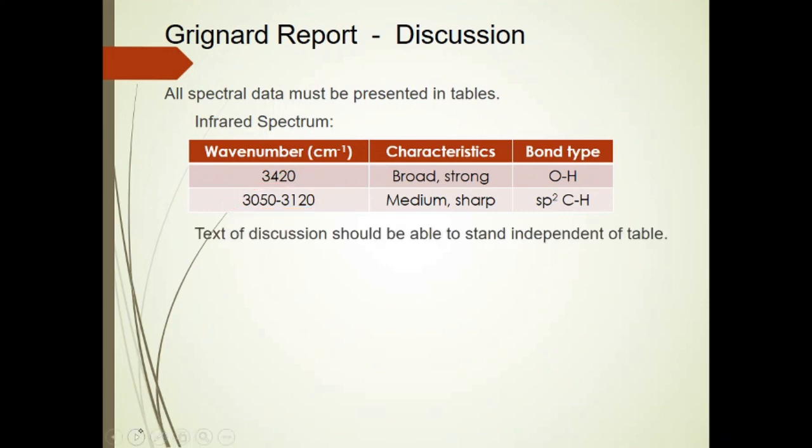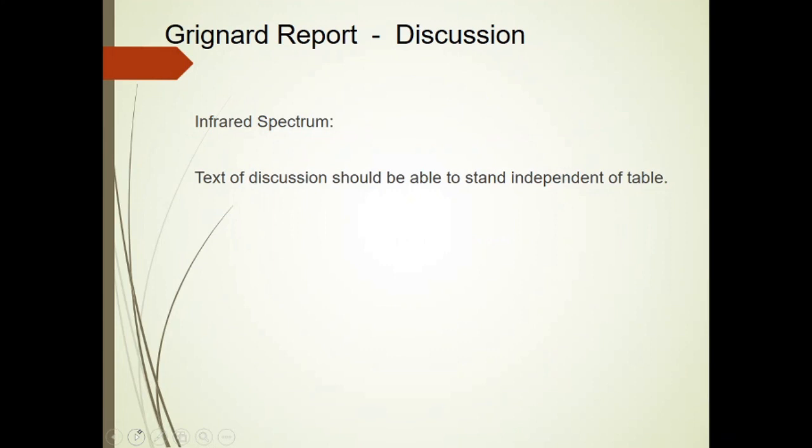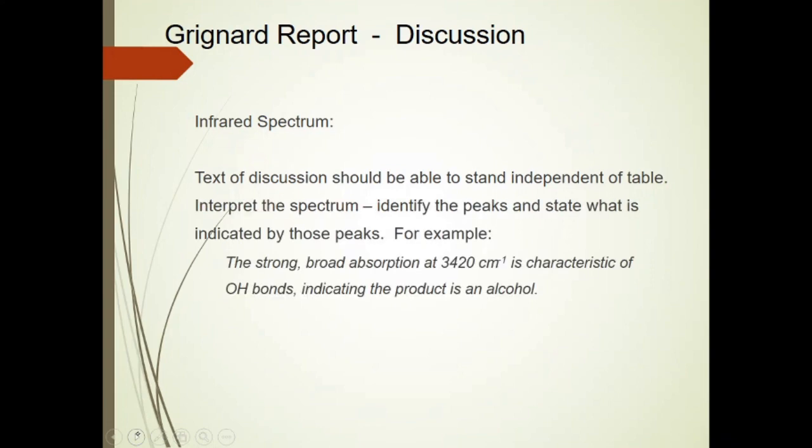Now, when you discuss it, the discussion should be able to stand independently of the table, meaning I can delete your table and still understand what you are talking about. So tell me what is present in the spectrum. For example, there is a strong broad absorption at 3420 wave numbers, and then tell me what it means.